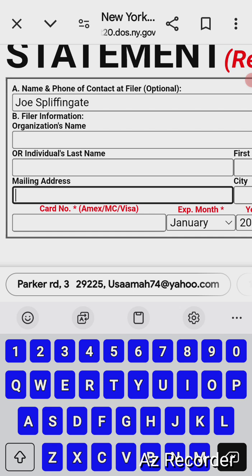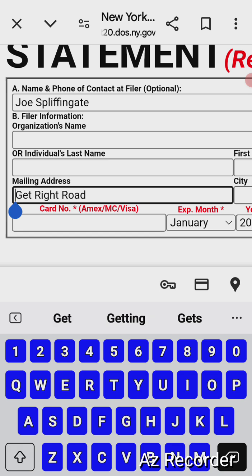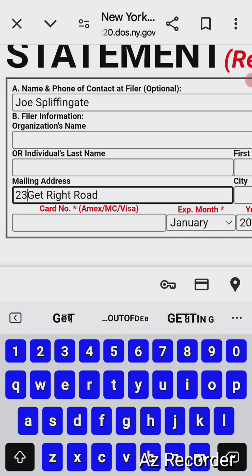So here what you'll be putting is Get Right Road. Get Right Road is obviously a made-up address. In this section, you're going to put the address information for your credit or debit card, so they can get their money to file your document.